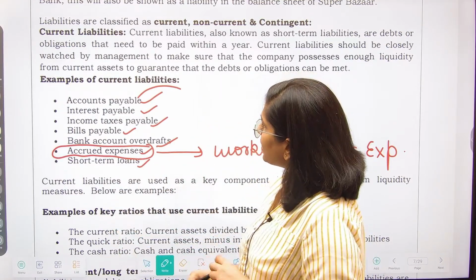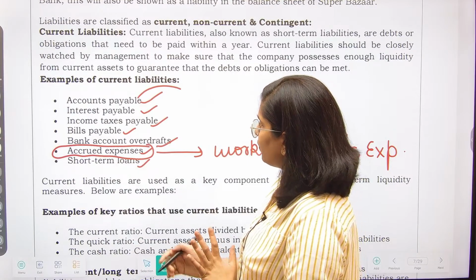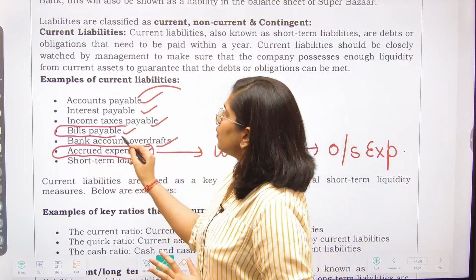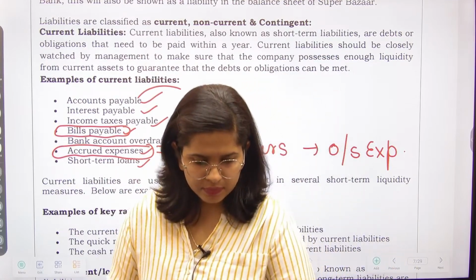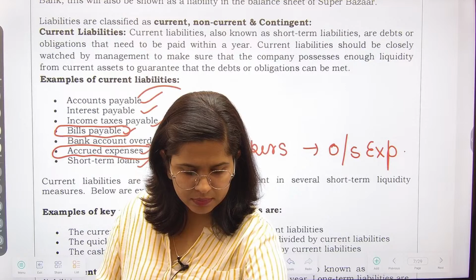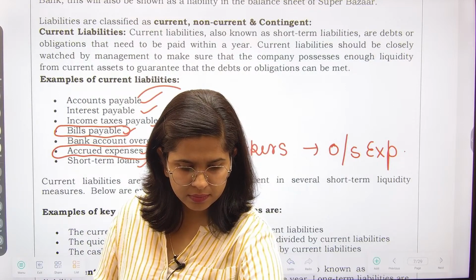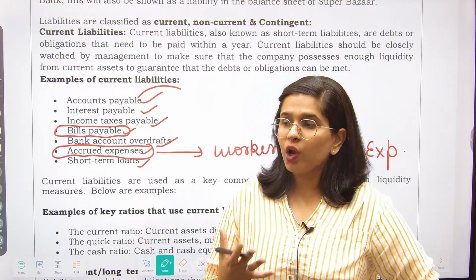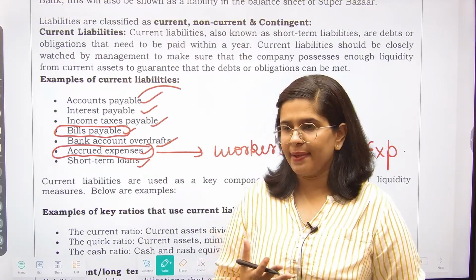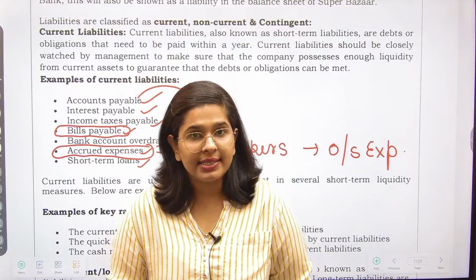Apart from that, what else is there that can make you confused? So bills payable. Do you understand bills payable? Provisioning in banks against loans, yes. In banks, a loan is an asset.